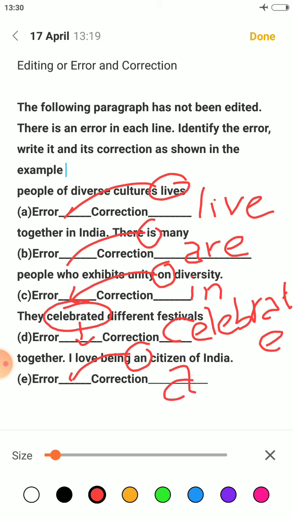So I hope this is absolutely clear and truly comfortable for my students to understand exactly what is error and correction, what the tips and techniques are to understand this.